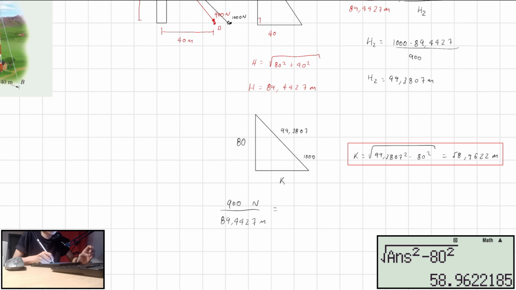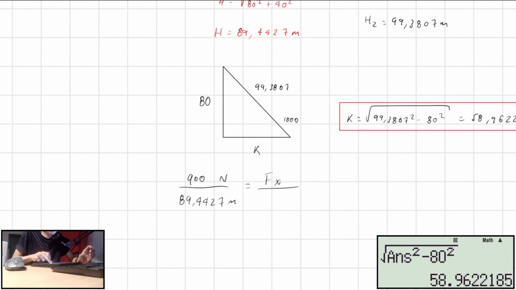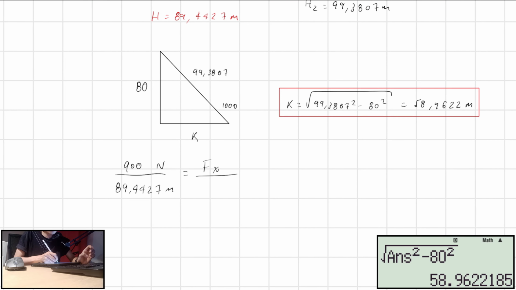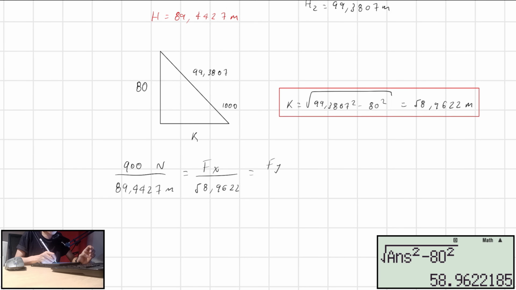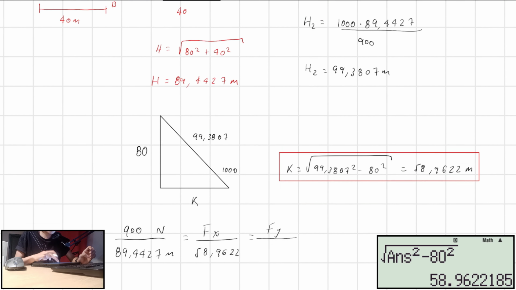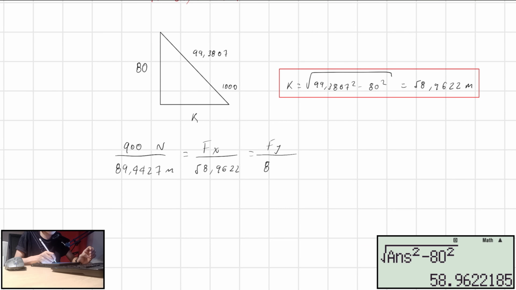Now I'm going to look for the Fx value, using the value that we just got, 96.22. And I'm going to use as well the Fy to represent the force in the y direction, taking into account just the 80.